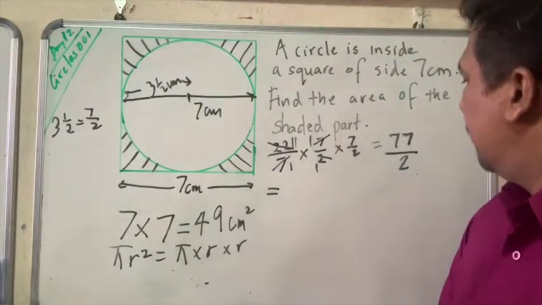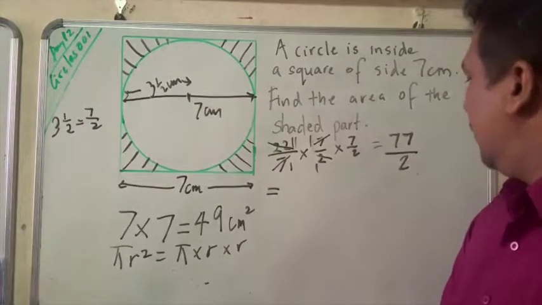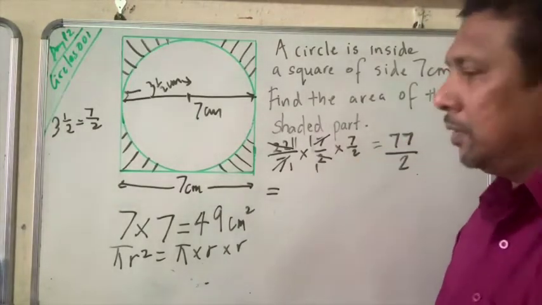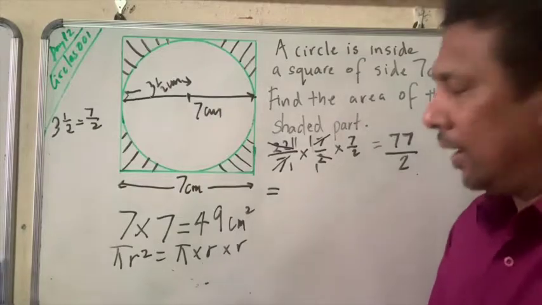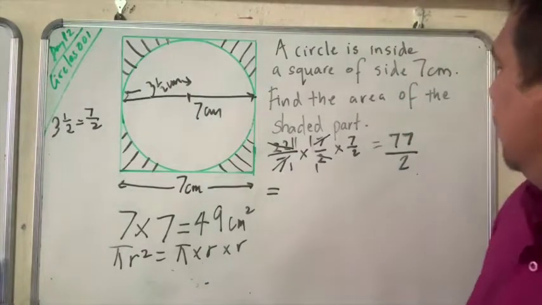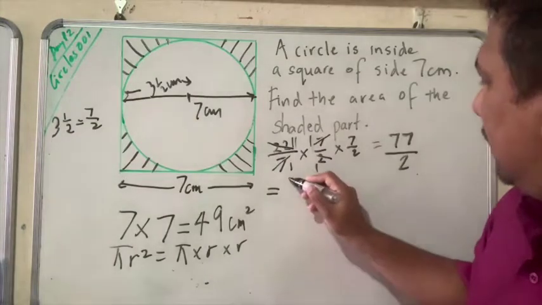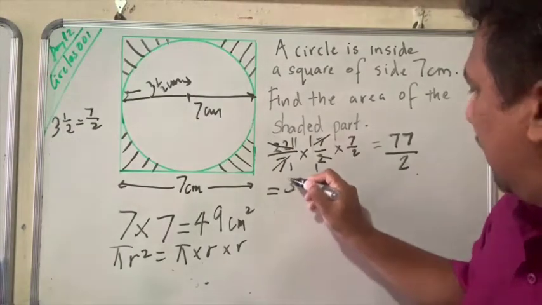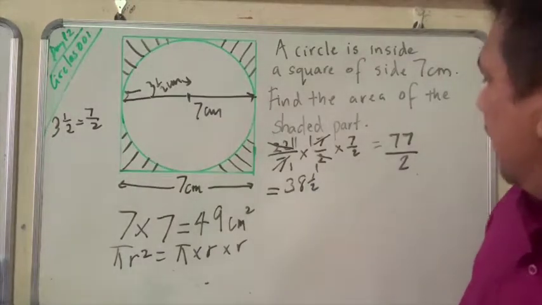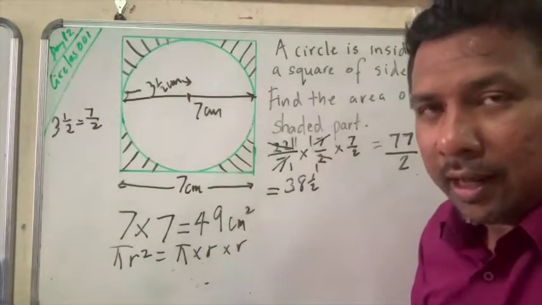Let's see. 80 divided by 2 is 40. So this must be less than 40. 70 divided by 2 is 35. So this is in between 35 and 40. Okay, 70, 35, 38, and okay, I'm sure, 38.5.